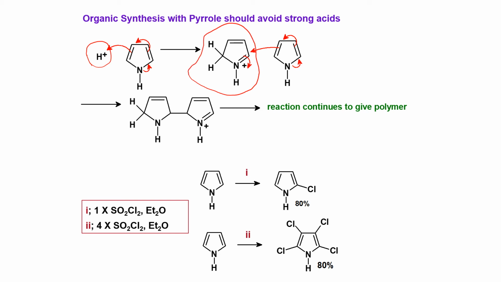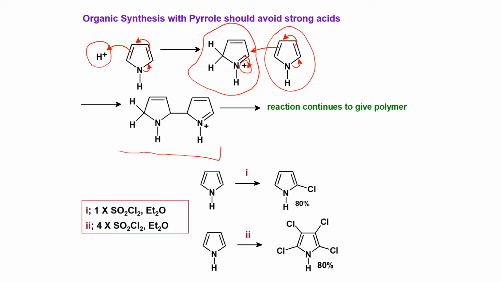In that compound we can see that nitrogen carries a positive charge, so this compound behaves as an electrophile. This electrophile can attack another intact pyrrole molecule, and since the preferred position is 2, the 2-substituted product will be produced.